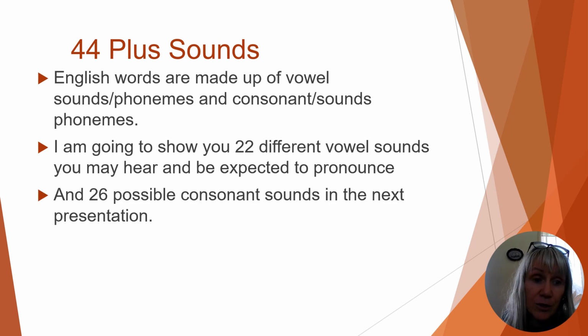I'm also going to show you 26 possible consonant sounds in the next presentation. These are my numbers. Most people, like I said, would say there are only 44 phonemes. I want to make sure we cover them all, just in case there are more. So that's why I'm showing you 22 different vowel sounds and 26 possible consonant sounds.